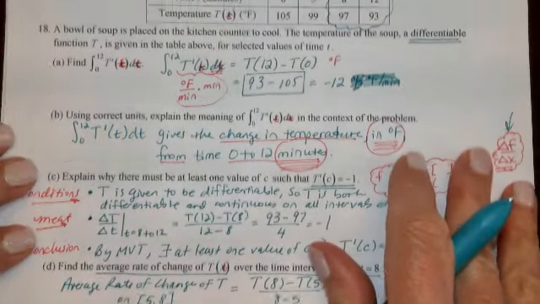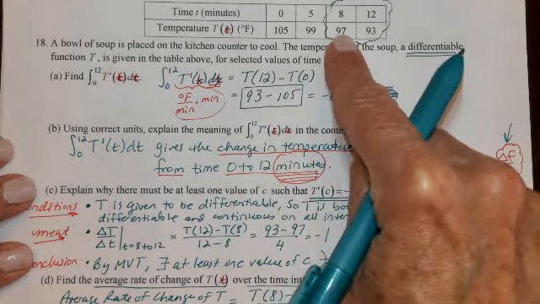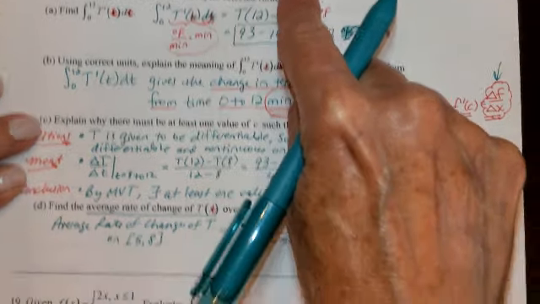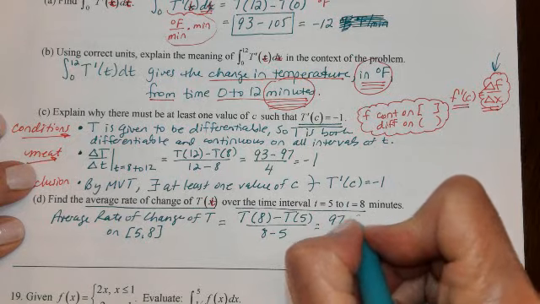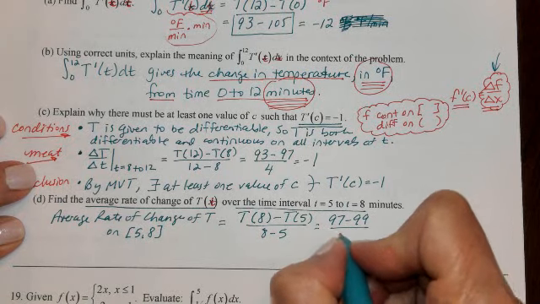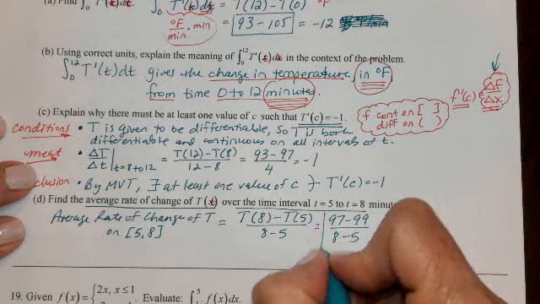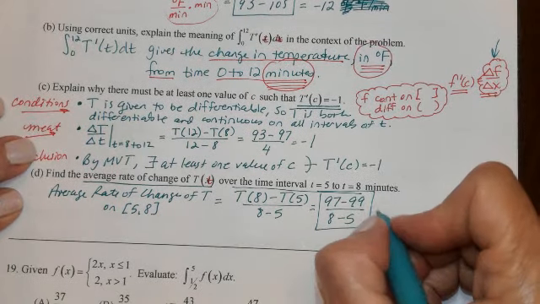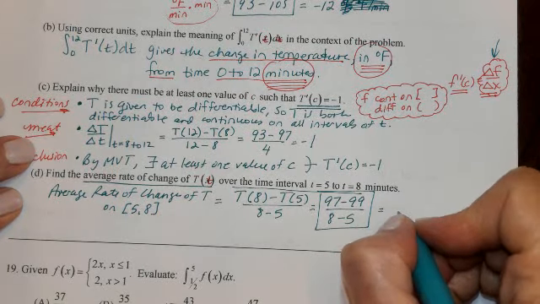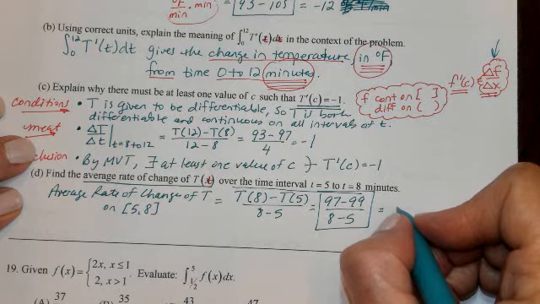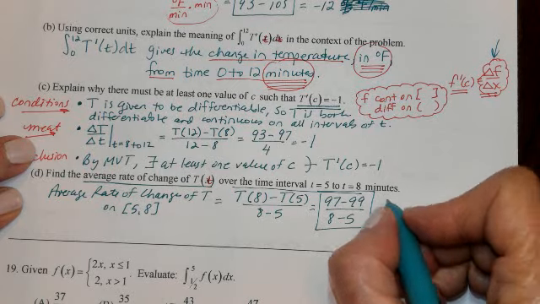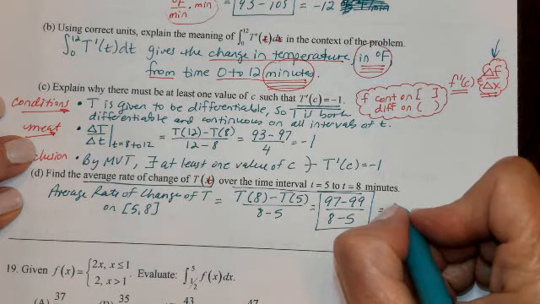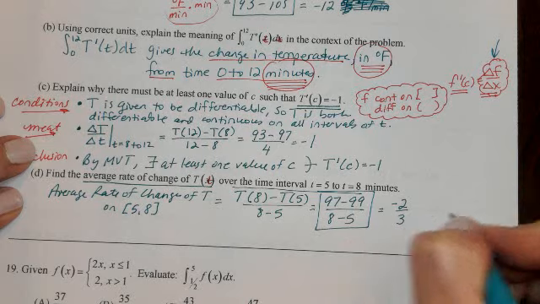T of 8 is 97, T of 5 is 99, so 97 minus 99 over 8 minus 5, and I would say stop right there. Why risk it? If you just can't stand leaving it like that, box it and then do -2/3.